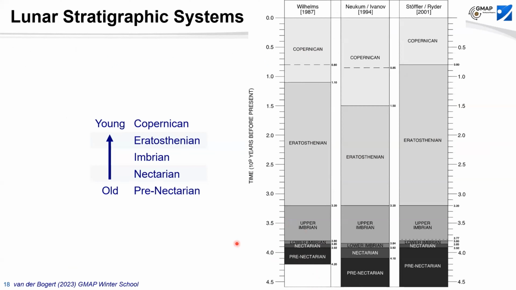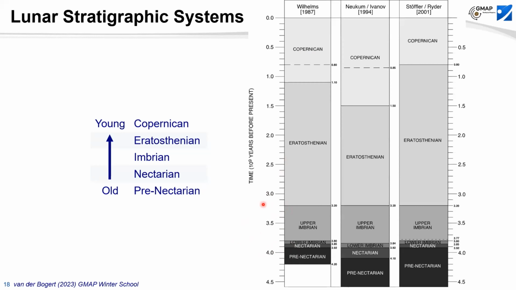For the lunar stratigraphic system, some major basins were selected to serve as marker horizons, because of course we can't use things like fossils on the moon. So the Nectaris basin marks the progression from the pre-Nectarian to the Nectarian, and the Imbrium basin, the transition to the Imbrian time.